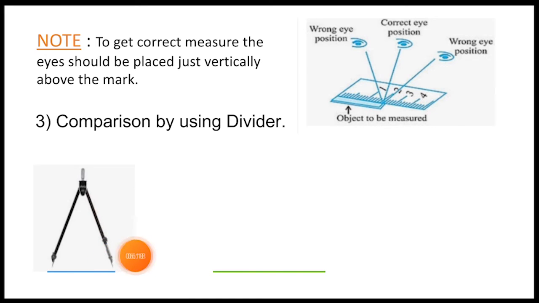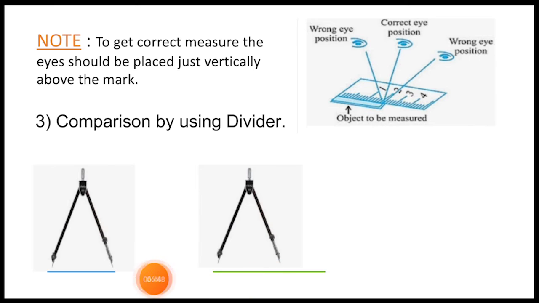Okay, so you have seen that in the first line segment the two end points of this blue line segment were completely covered by the two opening ends of this divider. Okay, so when we place the same divider's opening ends above this green line segment, you can see we have a little portion more left which is uncovered by the two opening ends of this divider.